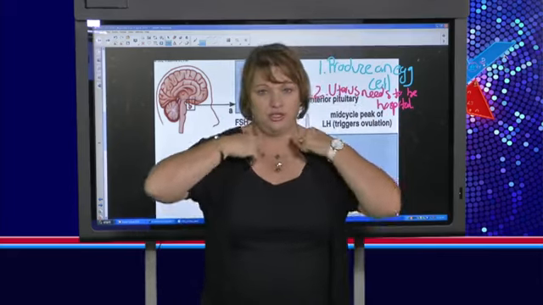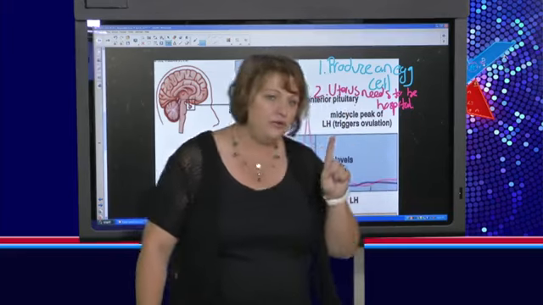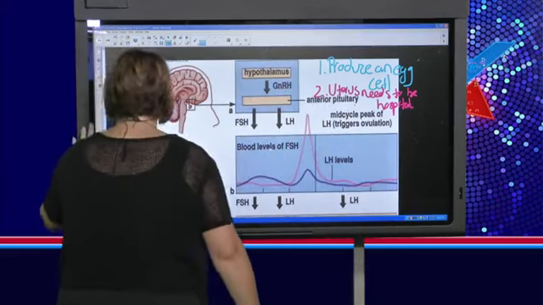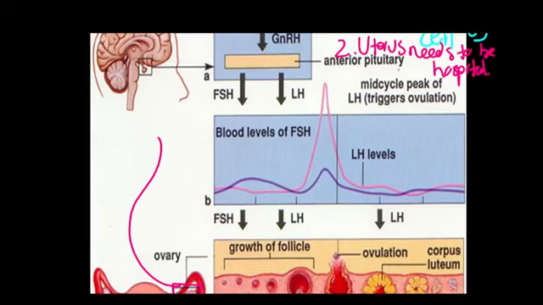Two things I want you to understand. Number one, the ovary: things are going to happen in the ovary, and things that happen in the ovary are controlled by the brain.